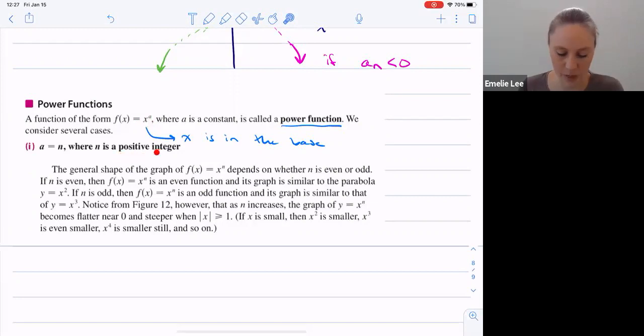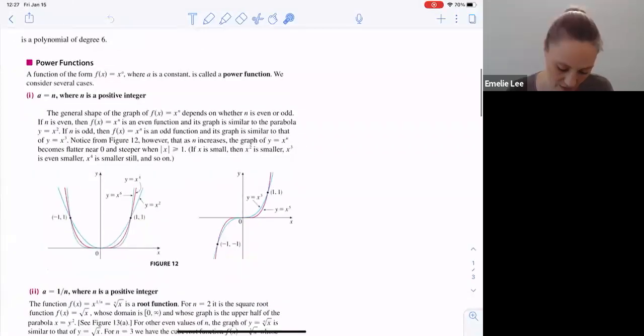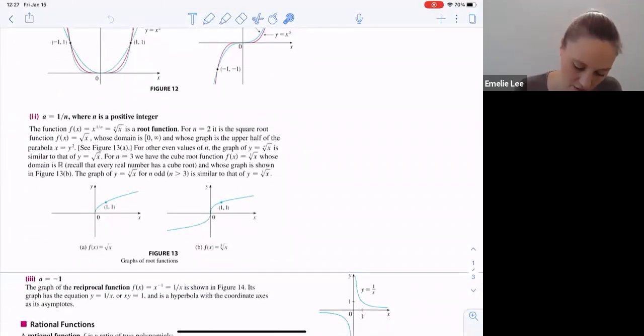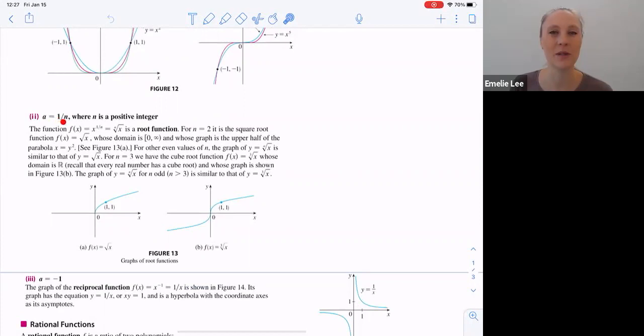So if a is a positive integer, then we've got essentially a polynomial, right? And so we already discussed how that's going to behave. So let's talk about the other two options. Right? If the power is 1 over n, where n is a positive integer again, remember that's how we use roots, right? The nth root, we raise x to the power of 1 over n.